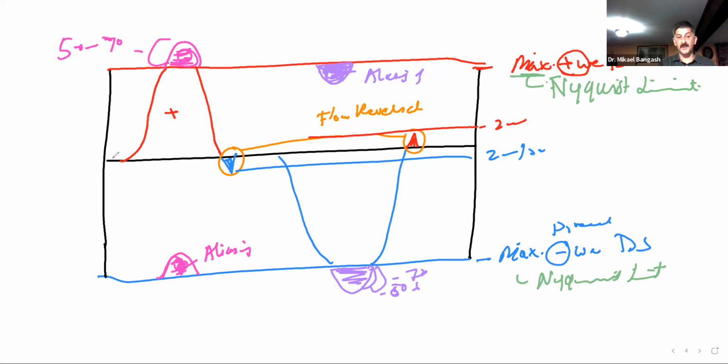Now, if your blood flows at a speed greater than that, the exceeding amount of speed, which is beyond your Nyquist limit, is going to become aliasing.